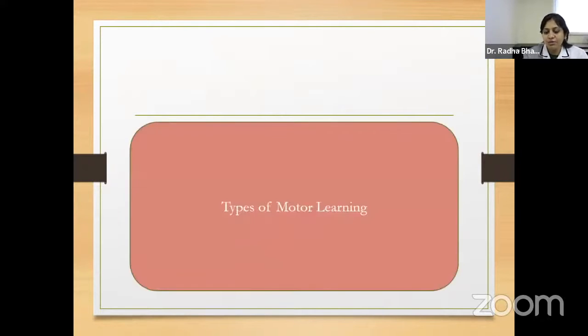Next we are moving to the types of motor learning. Now whatever we are seeing is about what we should consider while treating our patients. If we give just two or three repetitions, the movement will not be learned. At that time you can definitely see a change, but that is a change in performance, which we already spoke about.